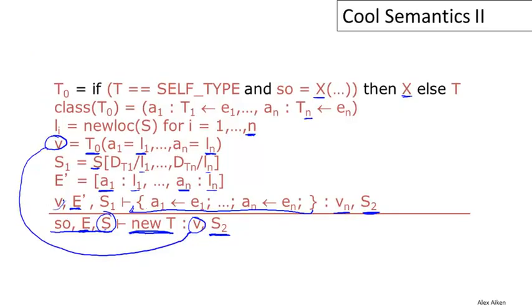The self object is V. This is the new object that we have just constructed. And so it's perfectly fine for E1 through En, the initialization expressions over here, to refer to self. And what they will refer to, if they use self, is the object that is being initialized.